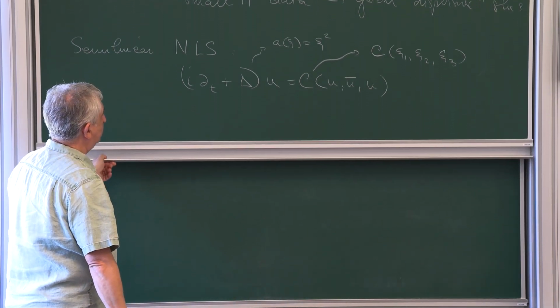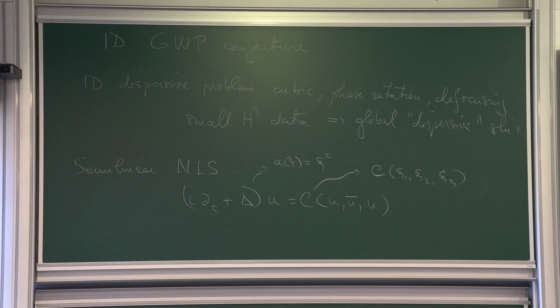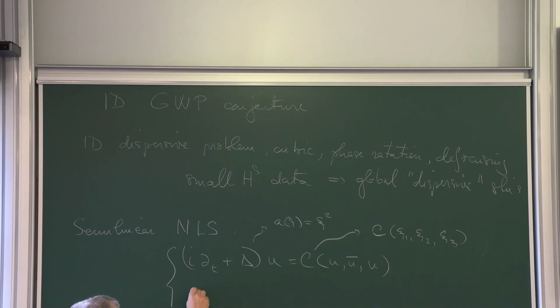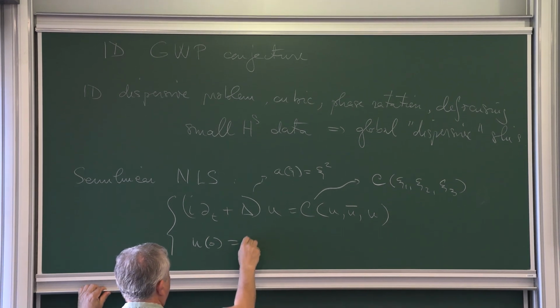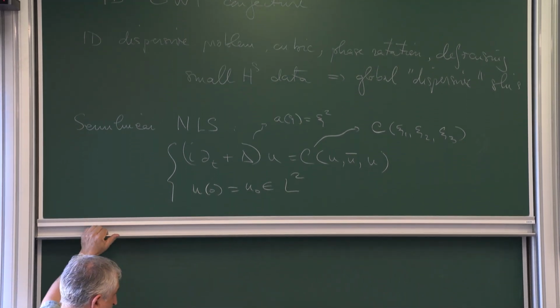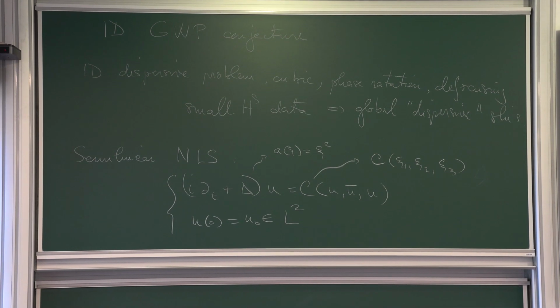All right, and so now let me write down our theorem here. Maybe I should add to this our initial data, u0. Here, we set things up so that we could work in L2, a very convenient choice.